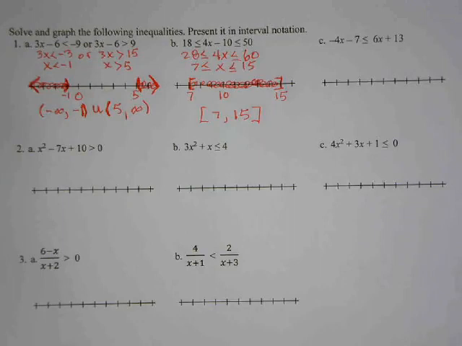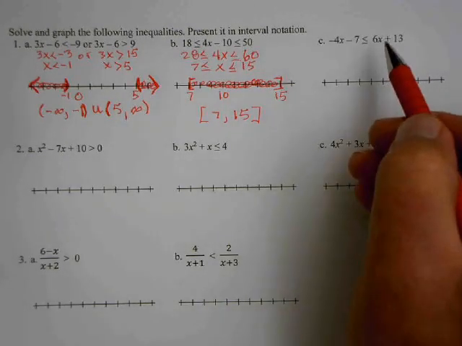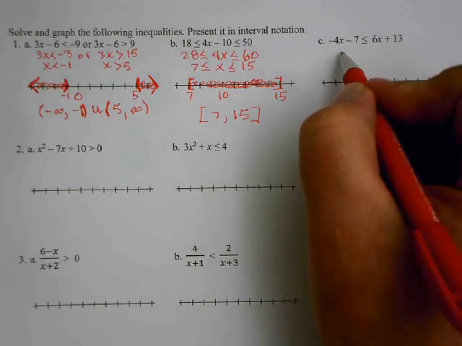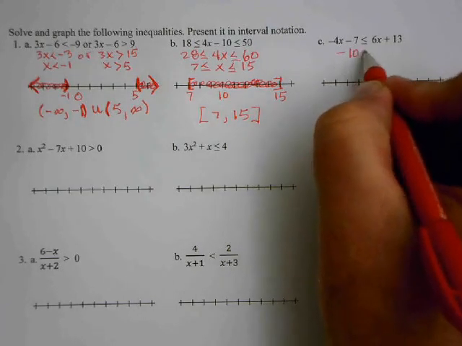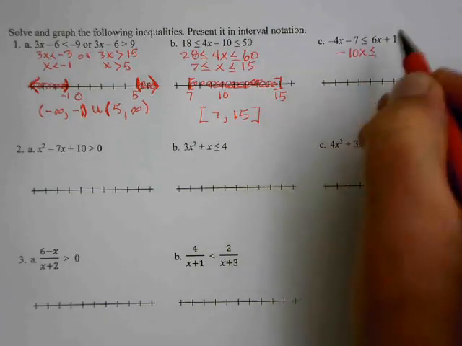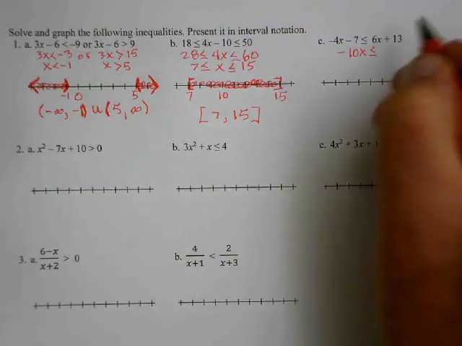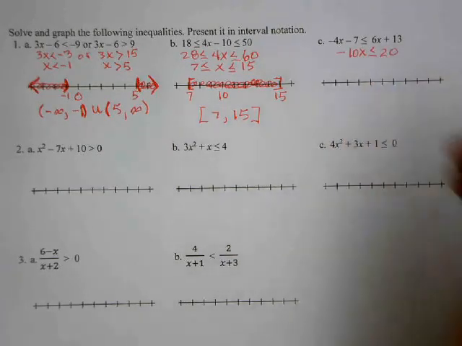All right, C. Now I have variables on both sides, so I'm going to go ahead and solve. So if I move the 6x over, I have negative 10x less than or equal to, move the negative 7 over, so it becomes positive 7, so 13 and 7 is 20.